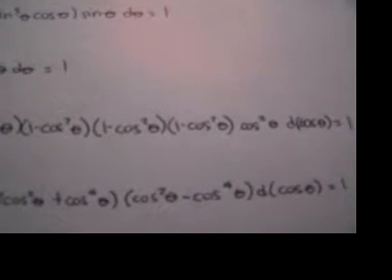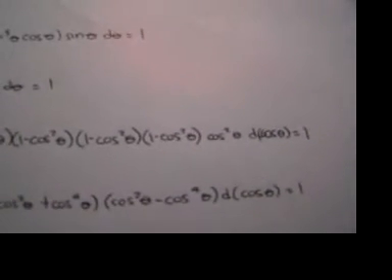Then distributing the cosine squared theta: a single 1 minus cosine squared theta will give you cosine squared theta minus cosine fourth theta. Then the derivative with the integral with respect to cosine theta is equal to 1. Next, we can combine the two previously squared binomial terms.